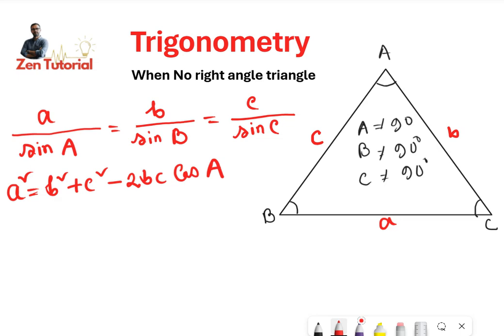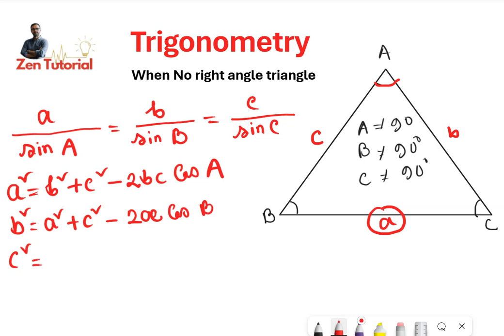So when we are talking about a square, it means cos of this angle, cos of A. Same as if we would like to write b square, so b square is equal to a square plus c square minus 2ac cos of B. Same as c square is equal to a square plus b square minus 2ab cos of C.